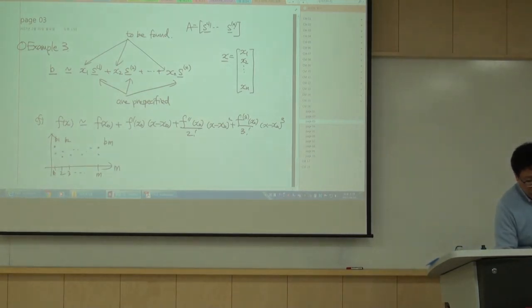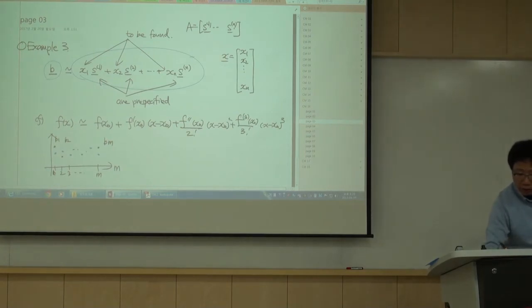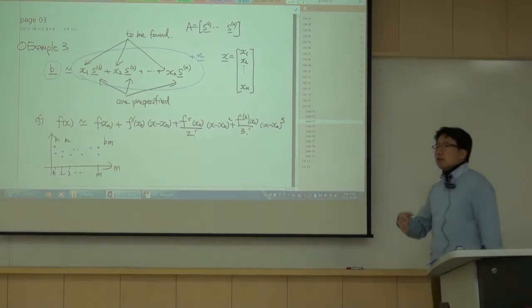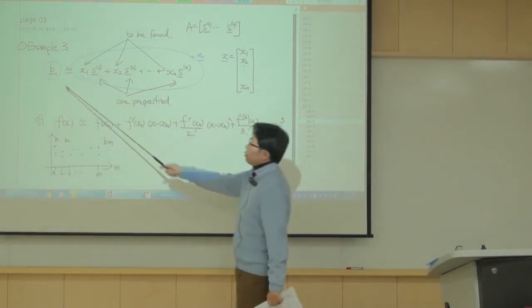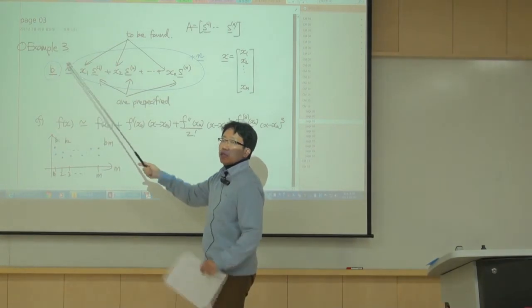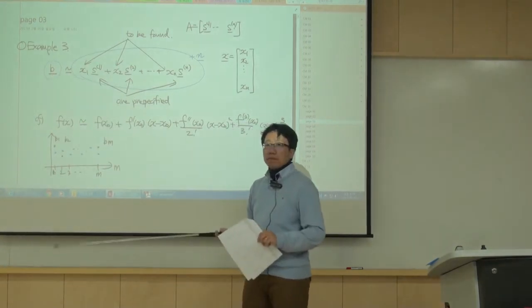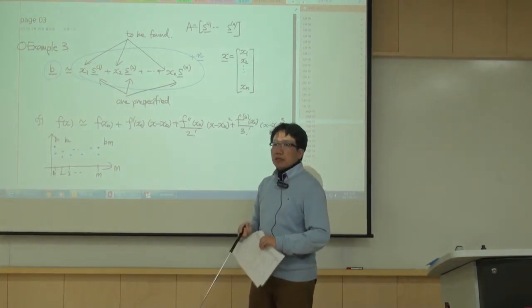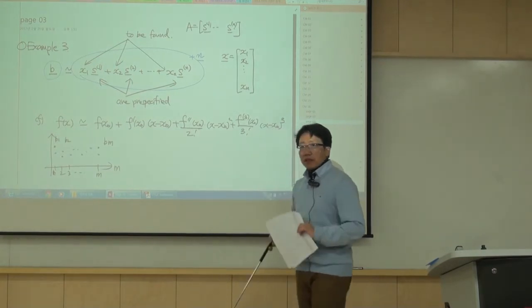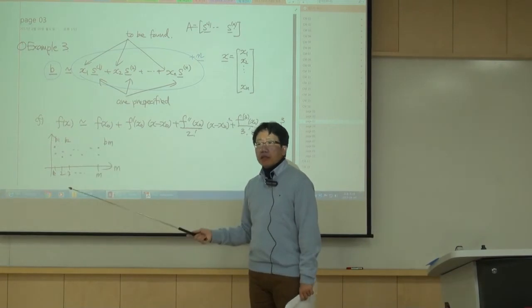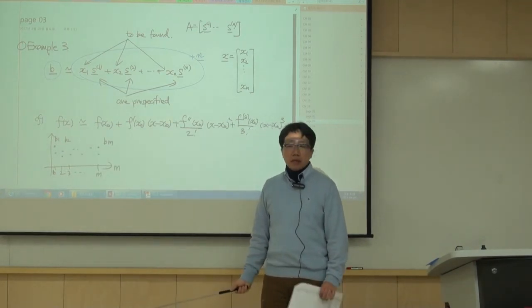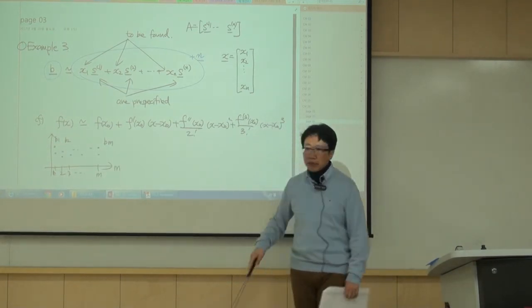Actually, your B should be this one, but unfortunately you have some IID noise, independent and identically distributed noise. So you observe this noise corrupted B. In that case, under certain conditions, you can show that minimizing the distance is really the optimal criterion.